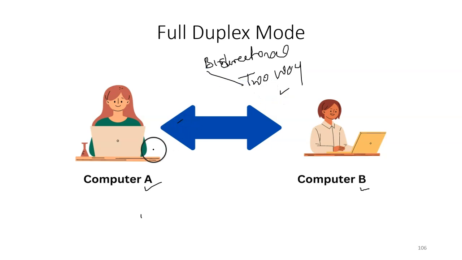Means exchange of information between A and B or between sender and receiver can be done at any time. That is known as full duplex mode.